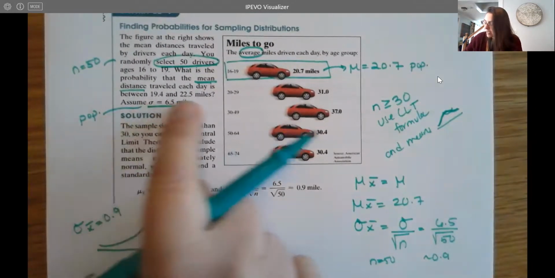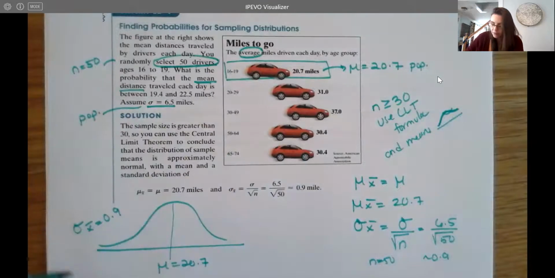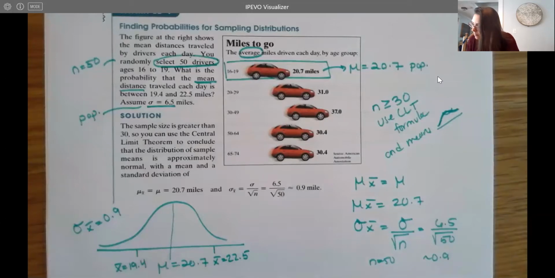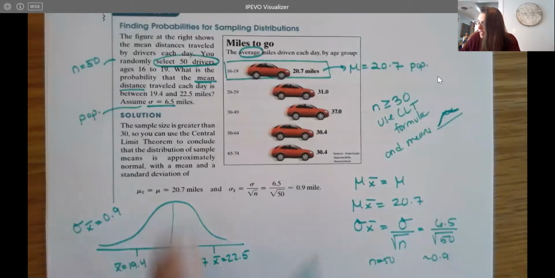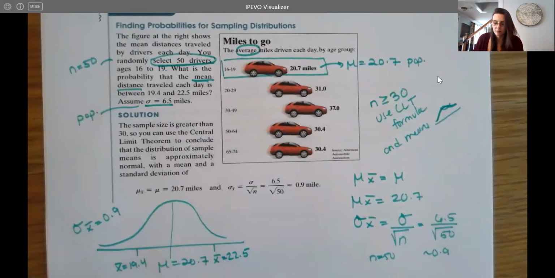And I want to find the area between 19.4. So let's see, 19.4 will be on the left, so maybe right here, x equals 19.4. And 22.5 would be on the right, maybe right here. Miles, okay? And again, these are mean distances, which is why I'm using x bars here, not just x's.